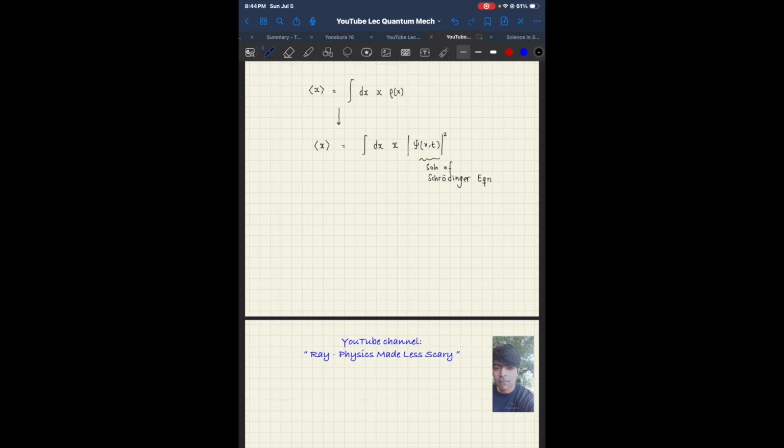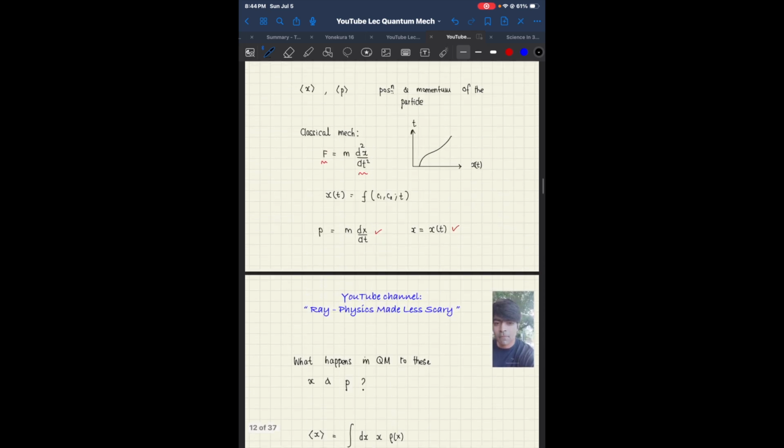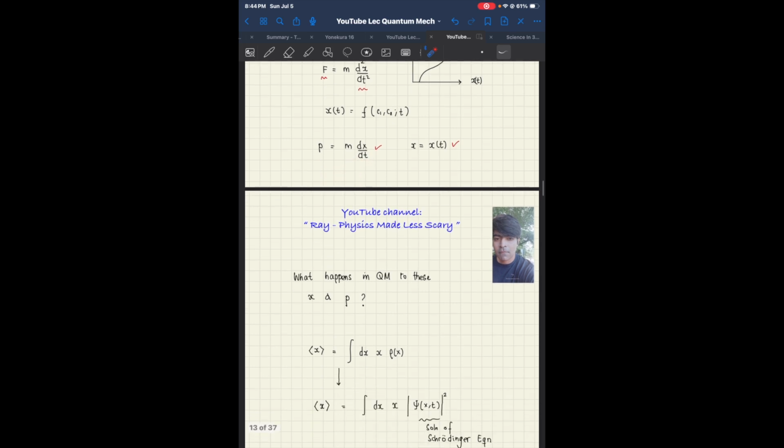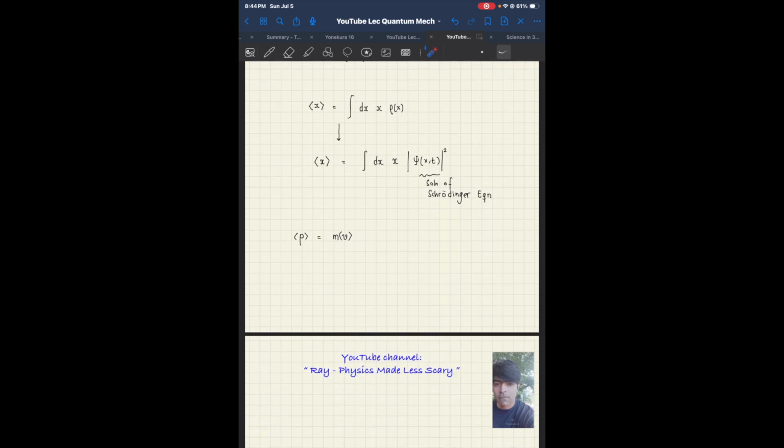So in quantum mechanics, the exact analog of classical mechanics would hold. The expectation value of the momentum operator would be given by mv. This is the formula that we just used, except that these are now expectation values of some operators, so we always have these angle brackets.